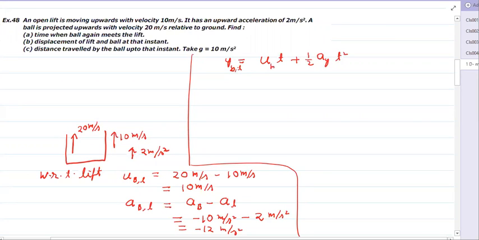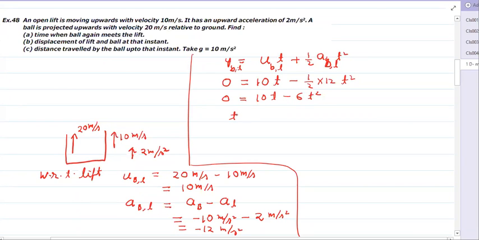Then the initial velocity of ball with respect to lift is 10, times t, plus half of minus 12 times t square. So we can write 0 equals 10t minus 6t square.